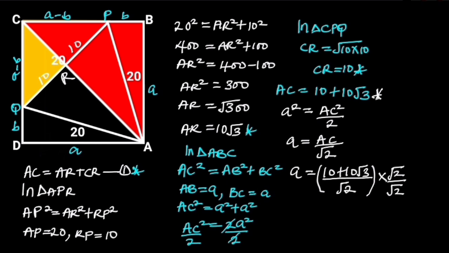Simplifying these expressions will give us 10 root 2 plus 10 root 6, all over 2. Dividing through by 2 will leave us with A is equal to 5 root 2 plus 5 root 6.